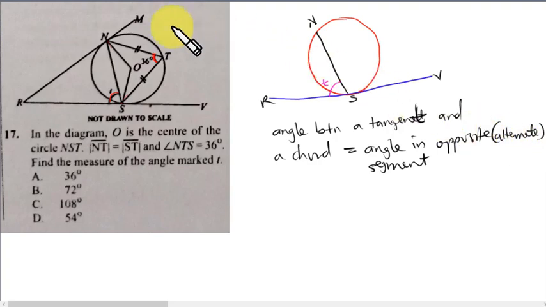Okay, so that is what we see here. We see that when you draw this chord NS, it divides the circle into 2 segments. The bigger one here, we see it here, and we see one here.